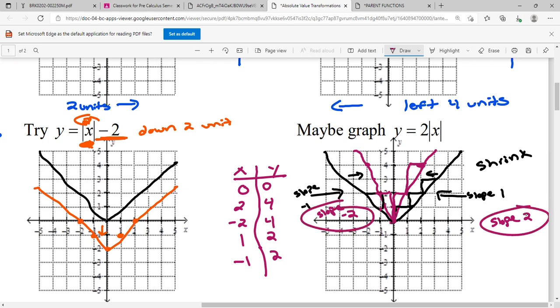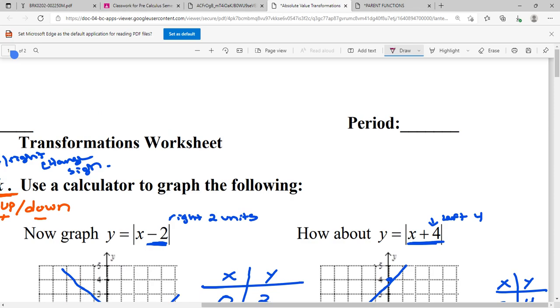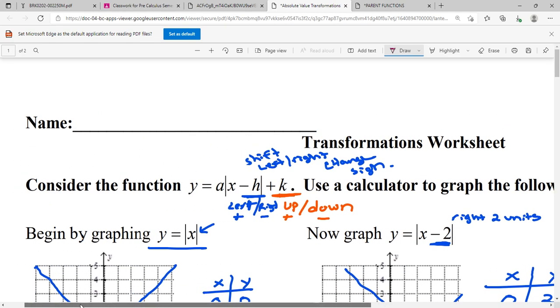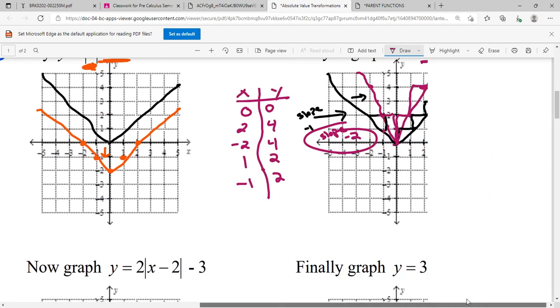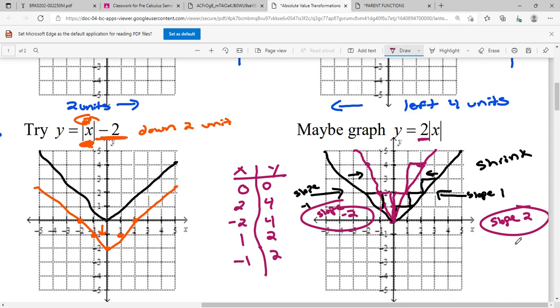So this 2 right here told us that we need to change our slope from 1 over 1 to 2 over 1. That's called, actually that's not called a shrink, that's called a stretch, like we stretch the graph longer. Whoopsie. Sorry about that.